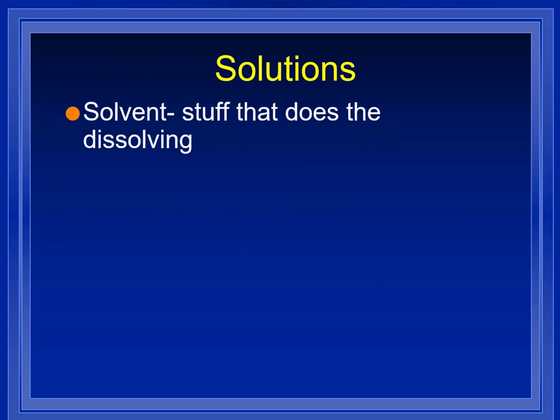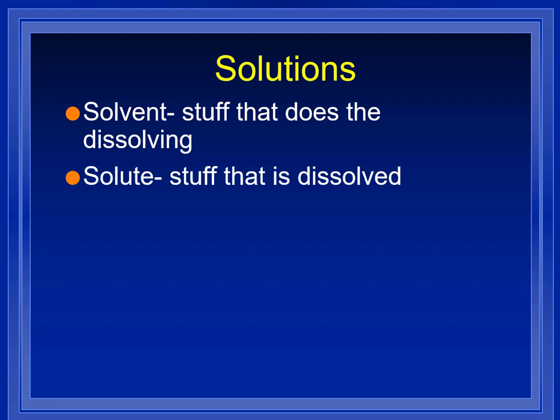Hey, got to define some terms. Solvent, the stuff that does the dissolving. That means if they're different phases, it's the one whose phase you end up in. Solute, the stuff that's dissolved.